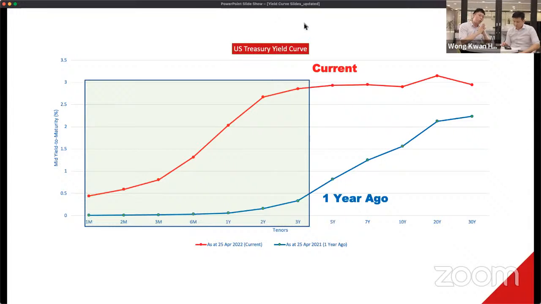When we talk about the curve beyond 3 years, it is considered medium to long-term tenor. For this part, the Fed can't do much for the longer tenor of the curve. It is driven by market expectation.